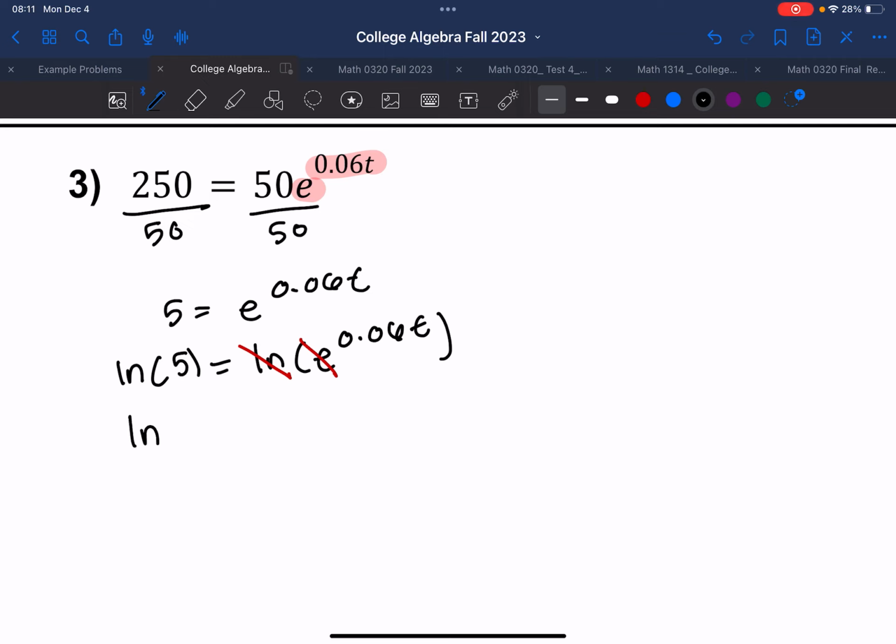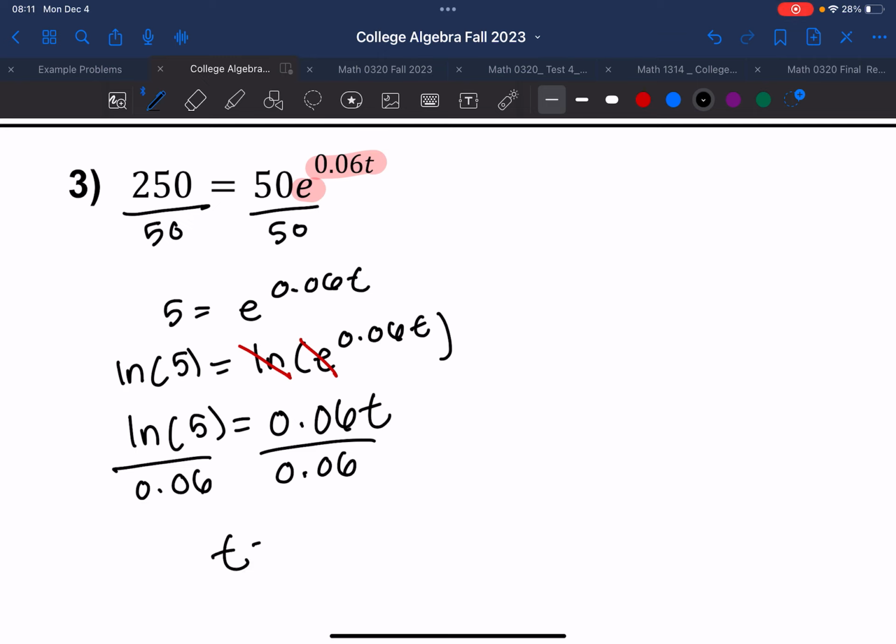So I have the natural log of 5 is equal to 0.06t. In this case, we're solving for t. We have to get t by itself. So I'm going to divide both sides by 0.06. And I have t is equal to the natural log of 5 divided by 0.06. Typing that into my calculator, I get approximately 26.82.